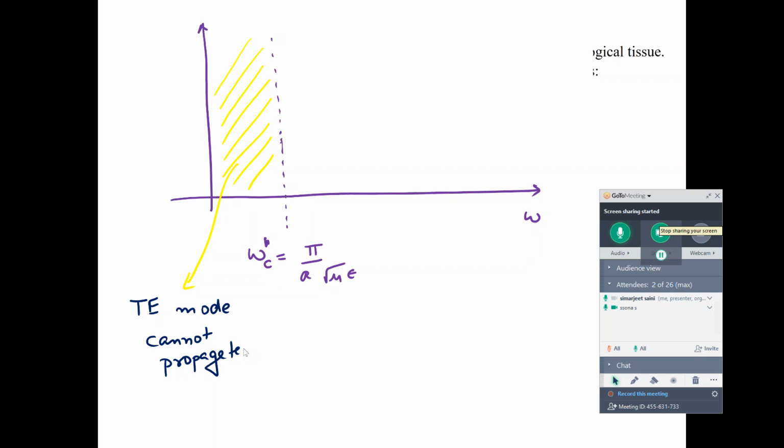I don't know if you have a lot of tunnels in your area, but a tunnel almost acts like a waveguide. And when you go through a tunnel, you will notice that your AM radio, the amplitude modulated radio, which is only running at a few hundreds of kilohertz, 530 to maybe 1 megahertz, would suddenly stop within the tunnel.